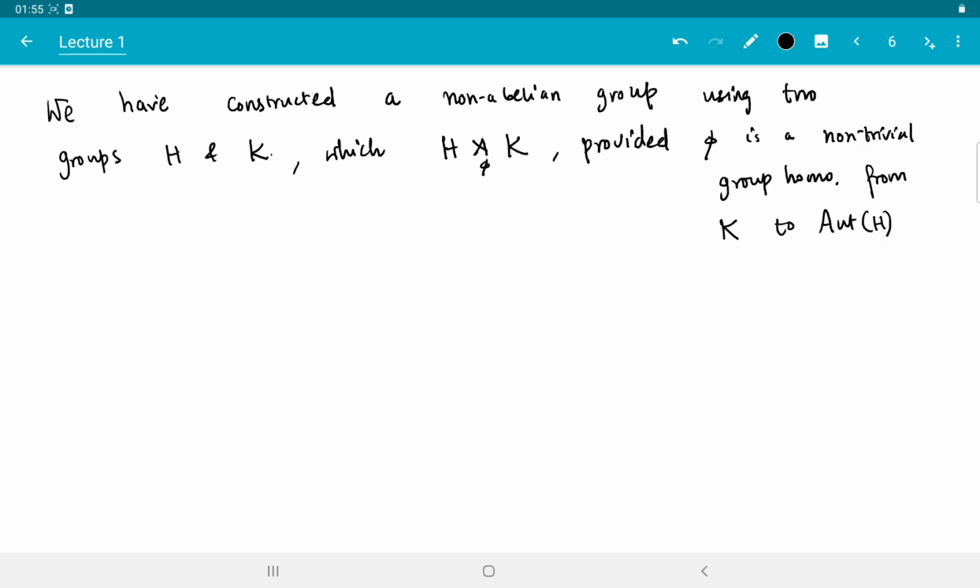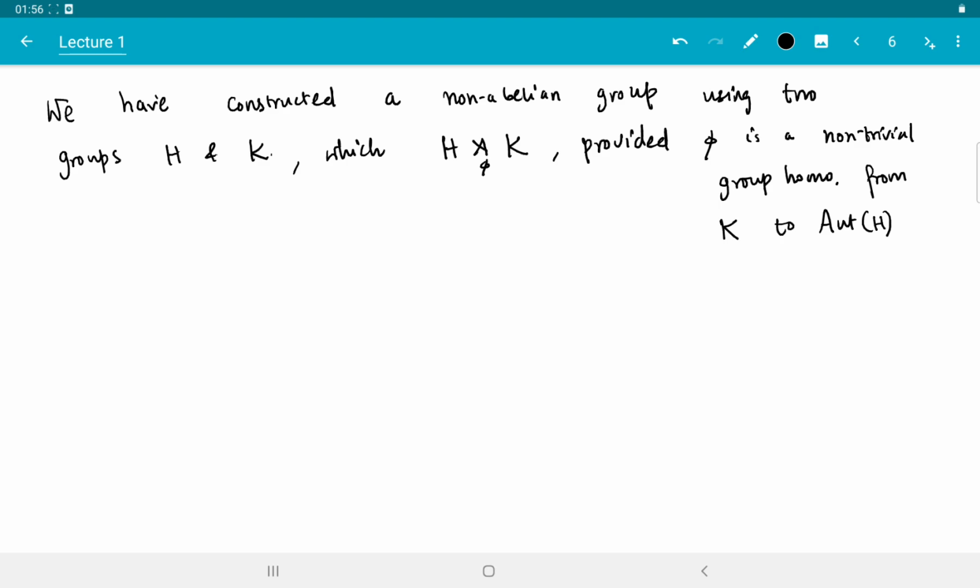Now I will give a theorem which classifies when a group is a semi-direct product of two groups, in the rough sense.